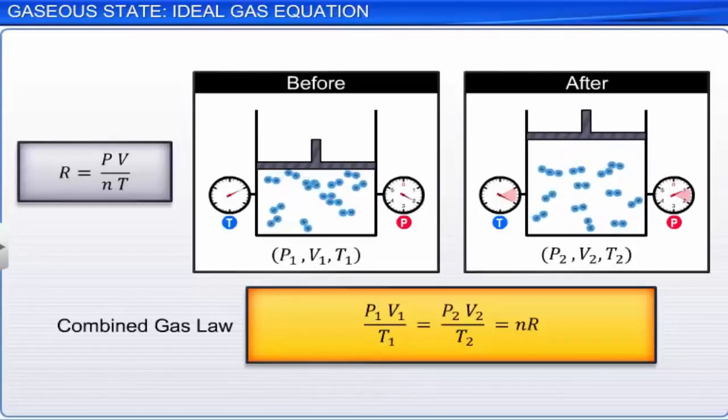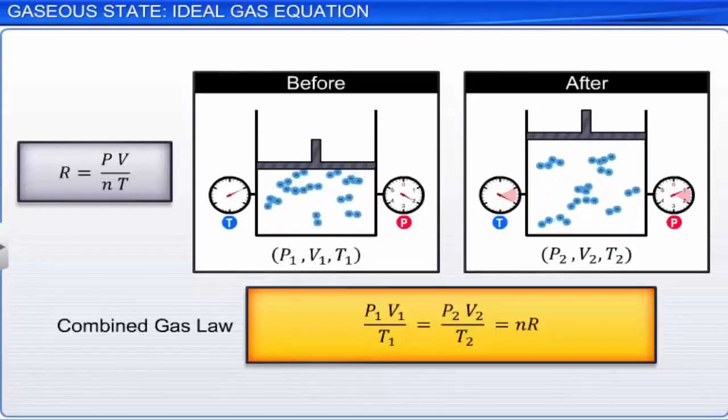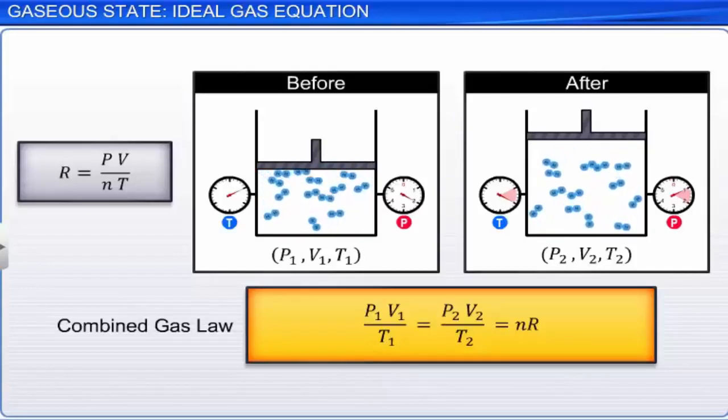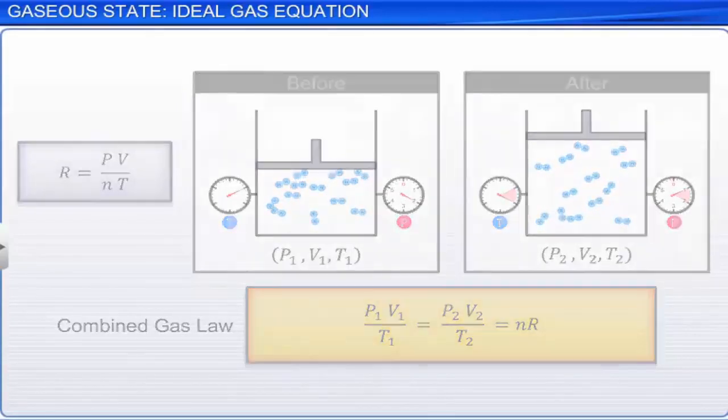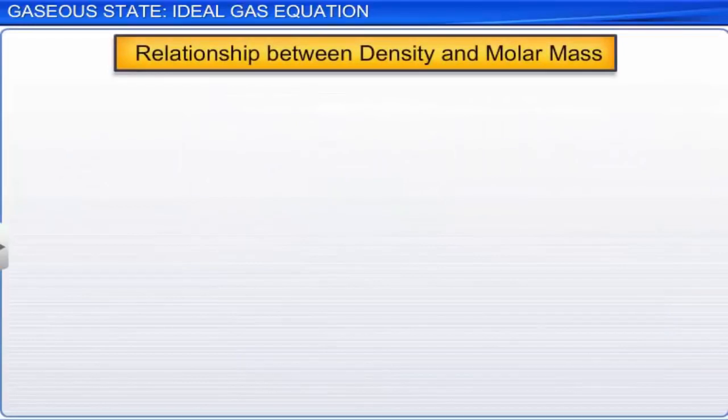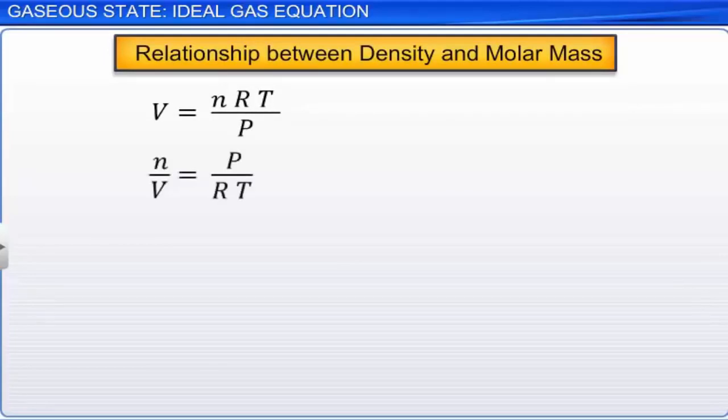Next, let's move on to learn about an equation that relates density and molar mass for a gas. To understand the density and molar mass of a gaseous substance, we have to rearrange the ideal gas equation to n/V = P/RT. On replacing number of moles n with mass of the gas m by M, we get the equation m/(MV) = P/RT, where M is the molar mass of the gas.